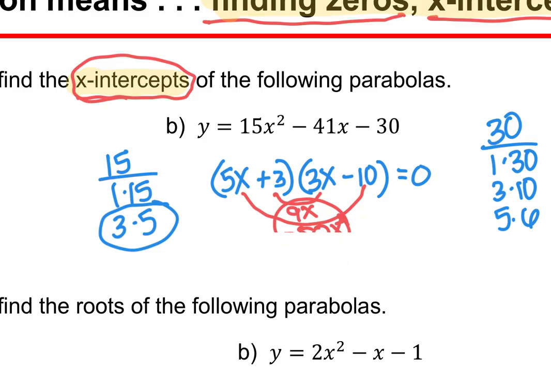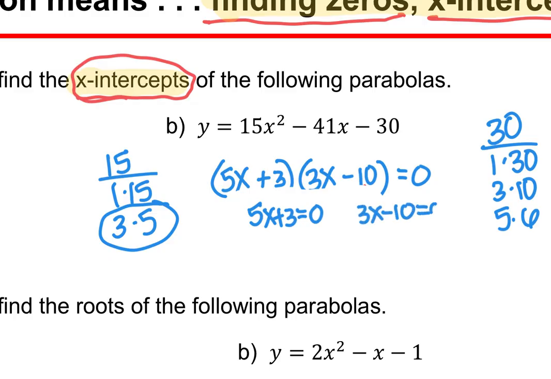I'm going to erase this so that way, there we go. Okay, now let's set our factors equal to 0. So we have our 5x plus 3 equals 0. And then our 3x minus 10 equals 0. And then we solve for x.